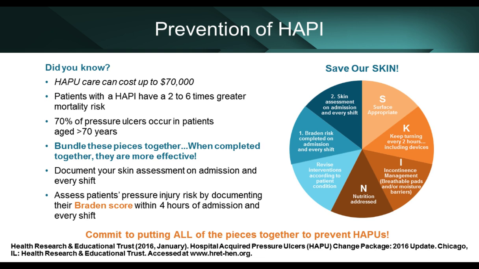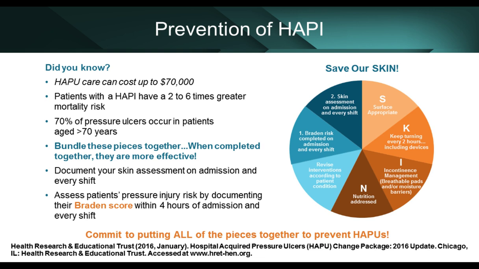I, incontinence management. What are some of those interventions? We have them listed here: breathable pads, moisture barrier creams and lotions, or whatever you use. N is for nutrition. Is it addressed? Has a dietary consult been put into place? Once all those interventions are in place, if the patient's condition changes, did you revise those interventions according to the patient's condition?